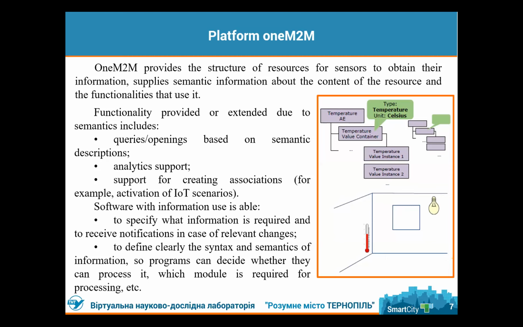Software using information is able to specify what information is required and to receive notifications in case of relevant change. The syntax and semantics of information are clearly defined, so programs can decide whether they can process it, and which module is required for processing.